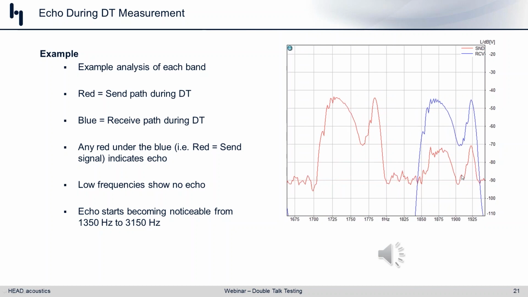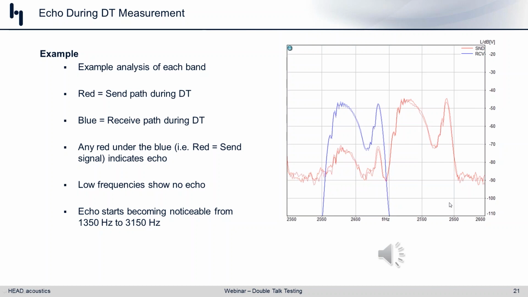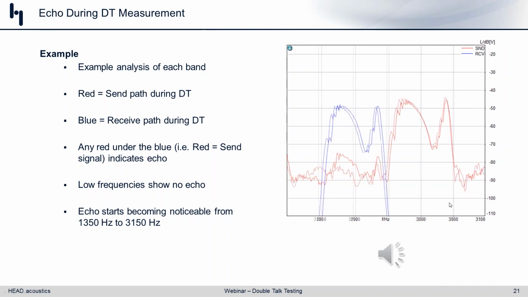Likewise at 1700 and so on. There's clearly an echo signal being bounced back up to the far end, which is not generated locally. You can see it finally starts to subside at about 3100 hertz.